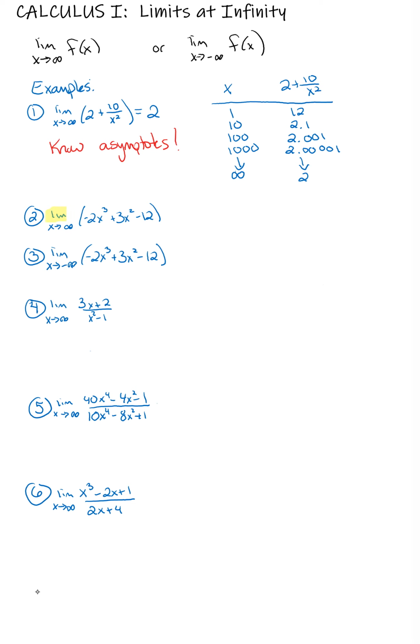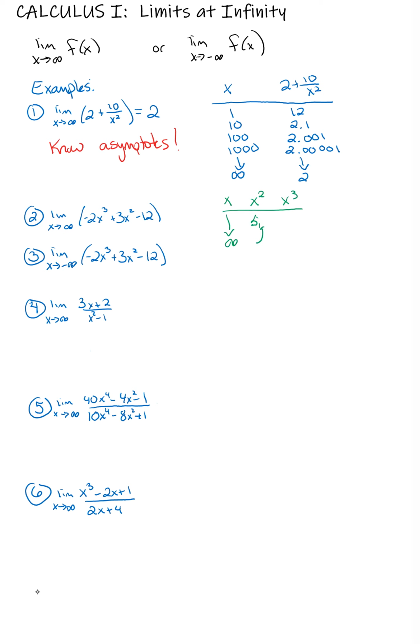All right, continuing on, now let's take the limit as x approaches infinity of negative 2x cubed plus 3x squared minus 12. In this case, there aren't any asymptotes if I were to graph this function, and I'm not going to do a table. What I want to look at for this one is what happens as x gets big to both x squared and x cubed. As x is going to infinity, x squared is going to get big.